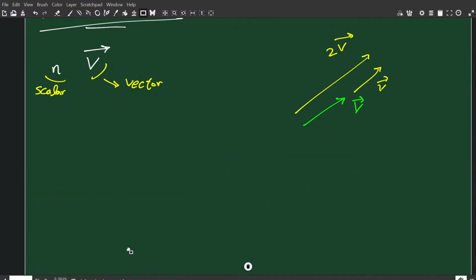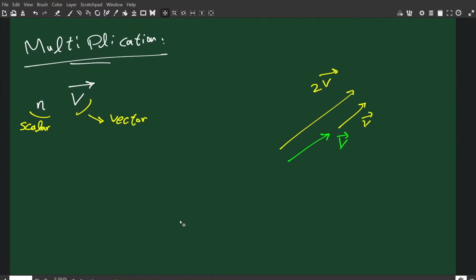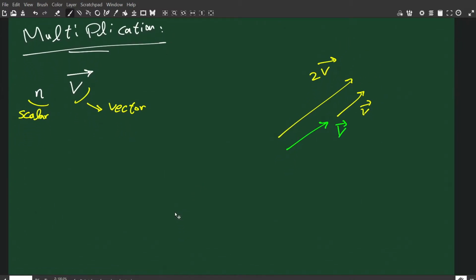But for two vectors with each other, we can do something. At first, you can do something with scalar multiplication. Say n is a scalar again, and you want to multiply it by the sum of two vectors.